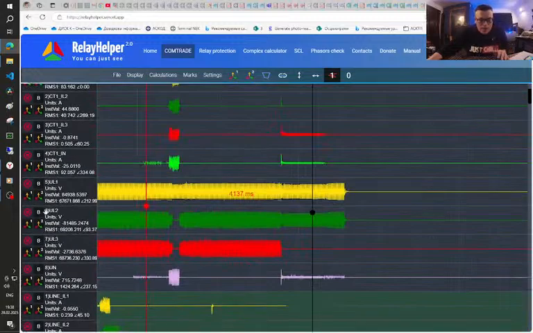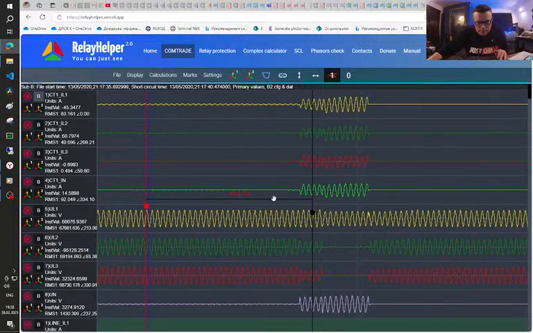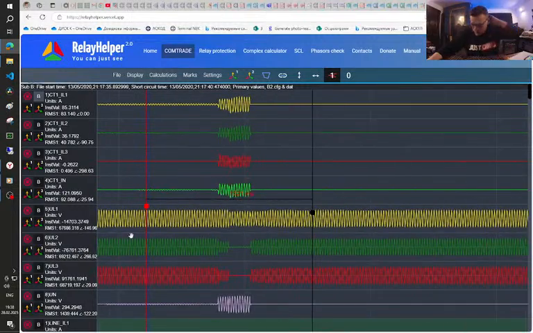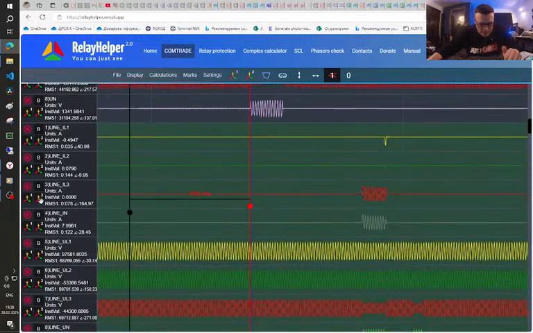Okay, so I need to put the cursors. The red cursor is responsible for the top record, and the black is responsible for the bottom.